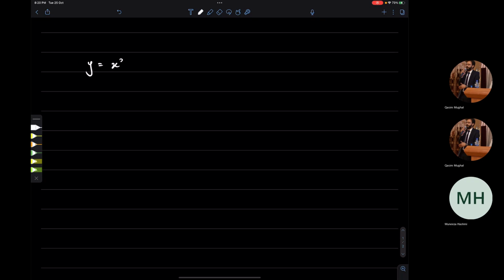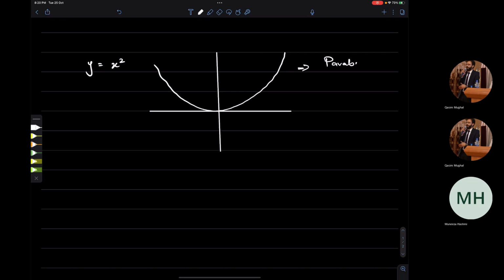y equals x squared is a very basic quadratic, and its graph is going to be like this. You will have a curve on the right and a curve on the left. This is known as a parabola. As it is concave up, meaning it opens upwards, it is known as an upper parabola.